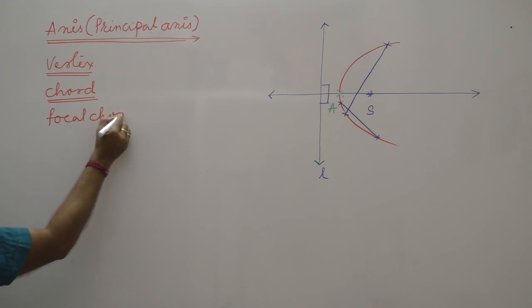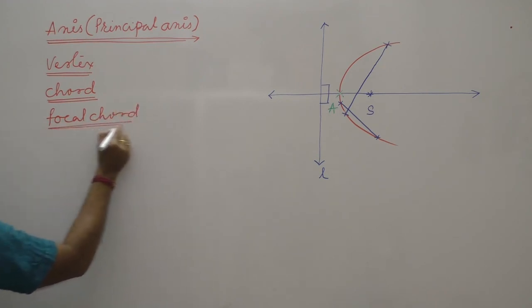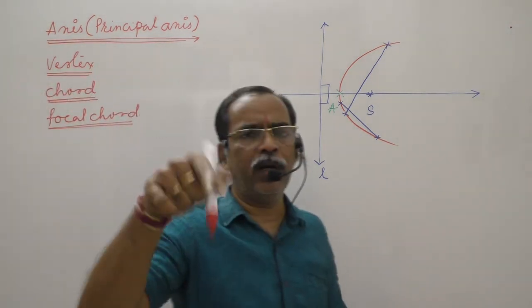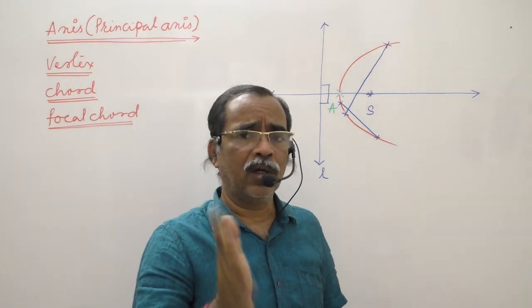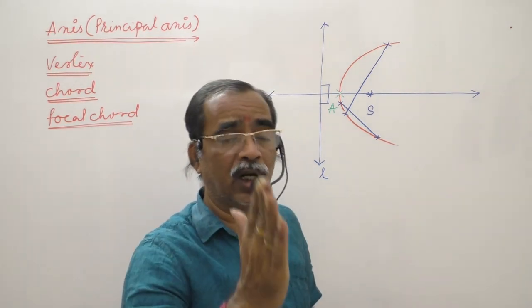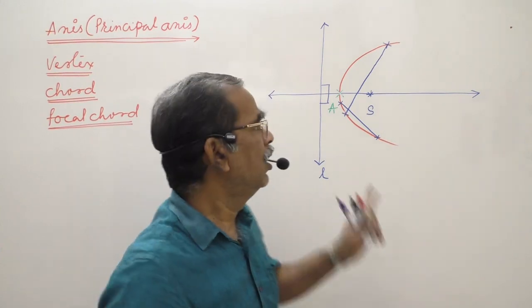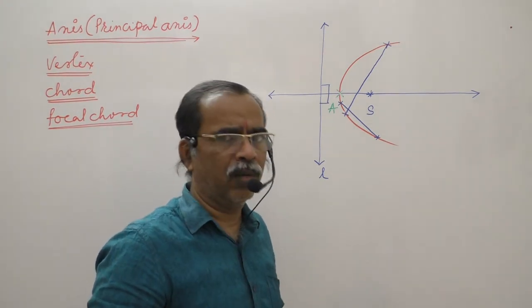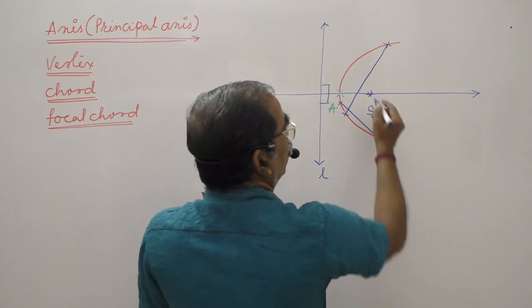Next term is focal chord. What is a focal chord? Very simple. You take a circle. There will be many points on the circle. Among those, some chords pass through the center of the circle. Such chords are called diameters. Here also there can be an infinite number of chords. Some chords pass through the focus.